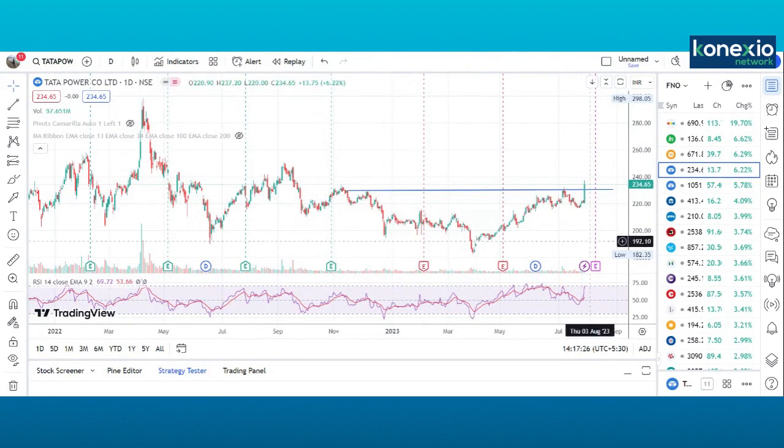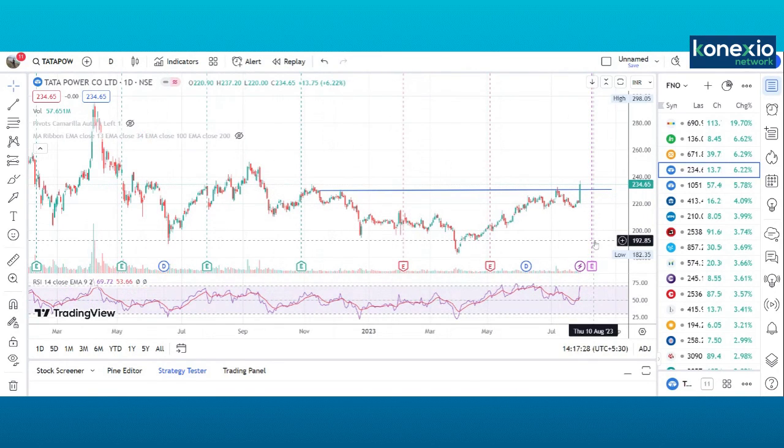If such a breakout is happening in a stock supported with strong volumes, then this is a clear indication for the sector as a whole, and as an individual stock, because I've identified it for this positional view, it might give a decent return in the short to medium term.